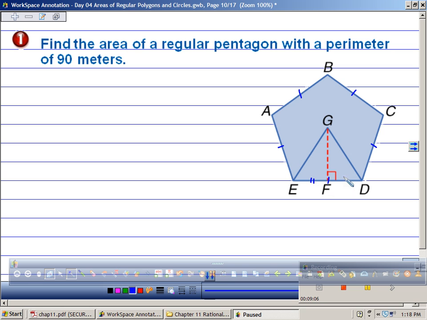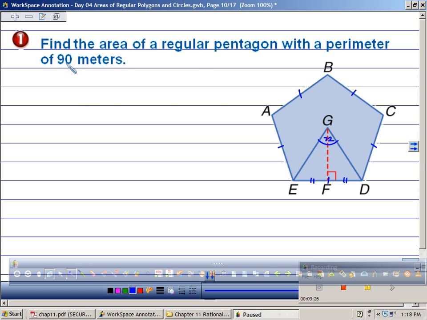We know that EF and SD are congruent. Good. We know that all the central angles are congruent. Do we know what the central angle is? What is it? We just found it on the last example, right? It's 72 because this is a pentagon.